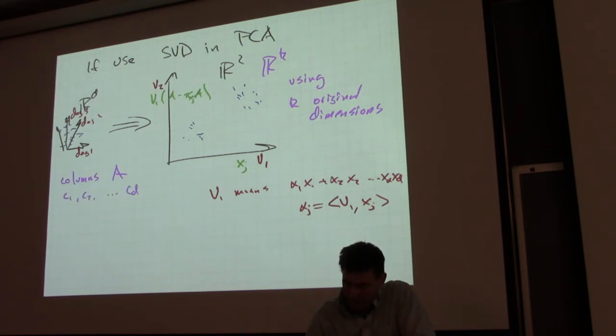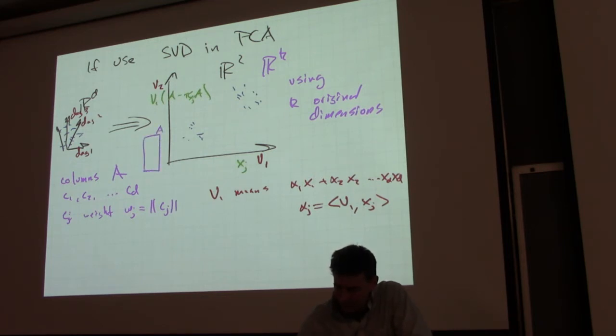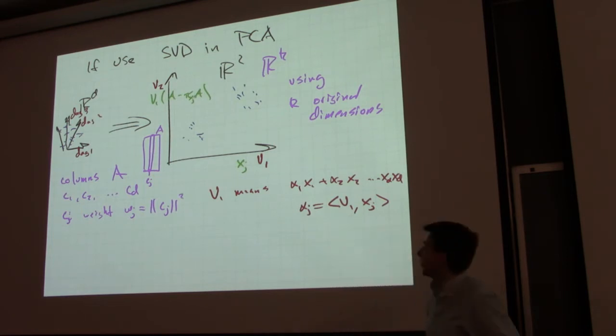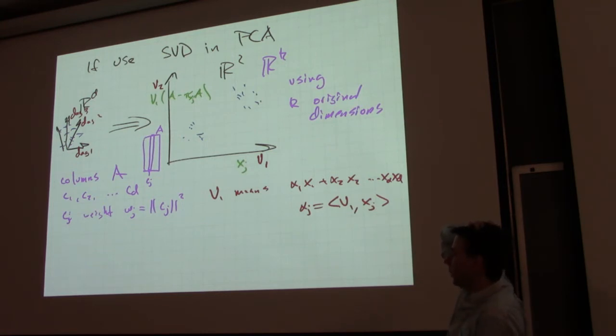I'm going to give each column Cj a weight wj, which is just the squared norm of Cj. If I have a matrix A, and this column is Cj, I'm going to look at all the entries in it and take the squared norm of this column.